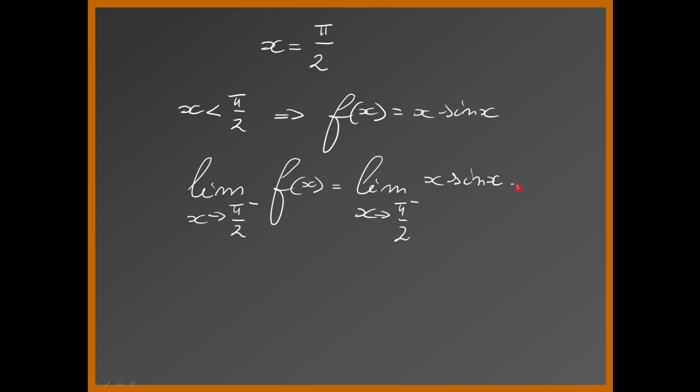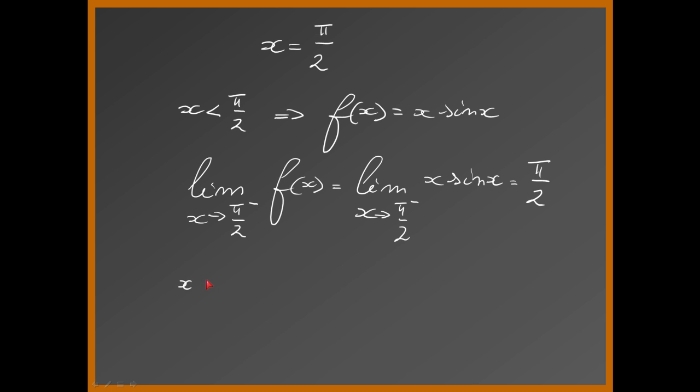By using again the continuity, this is nothing else than x sine x evaluated in pi over 2, and this equals pi over 2, since sine x in pi over 2 equals 1, that multiplies x evaluated in pi over 2, which means pi over 2.